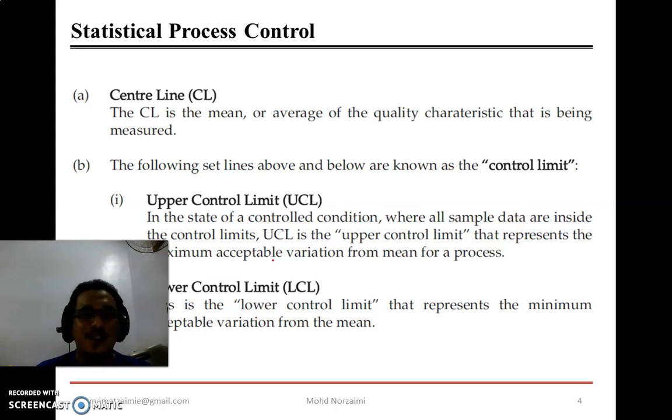UCL, the upper control limit, or the lower control limit, is what we control in-house. USL, the upper spec limit, and LSL, the lower spec limit, are determined by the customer. That means the control limit must be tighter than the spec limit, to make sure our process variation meets the customer specification.